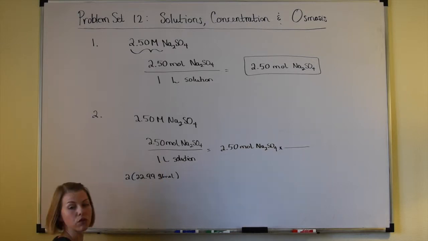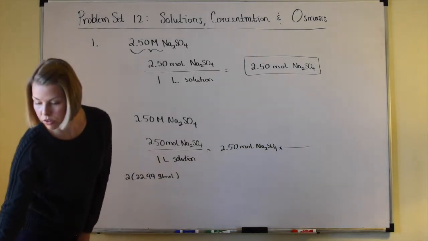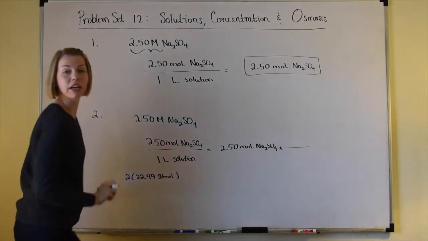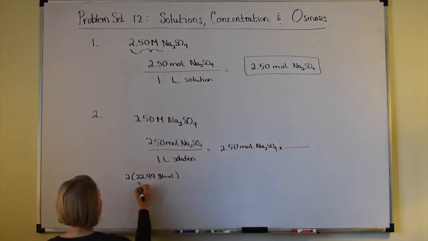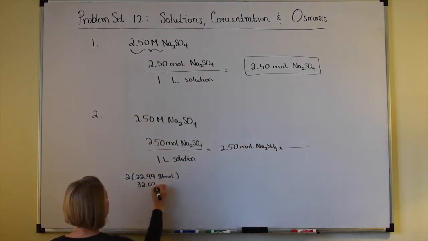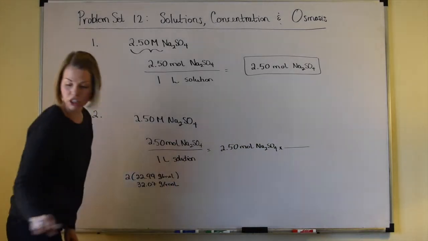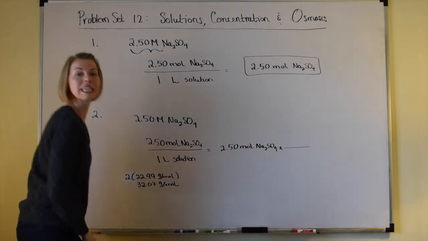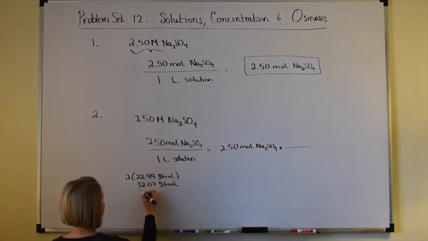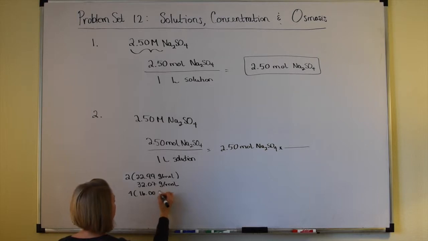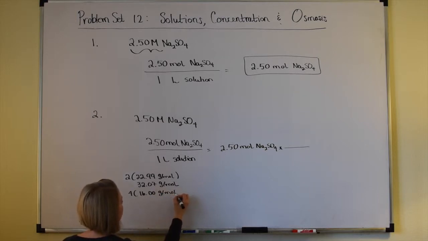There's 1 mole of sulfur, so I'm going to look that up here. Sulfur is 32.07 grams per mole. And my oxygen, I have 4 of them, and each one is 16. So 4 times 16.00 grams per mole.